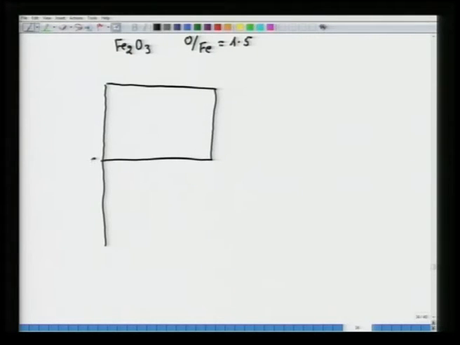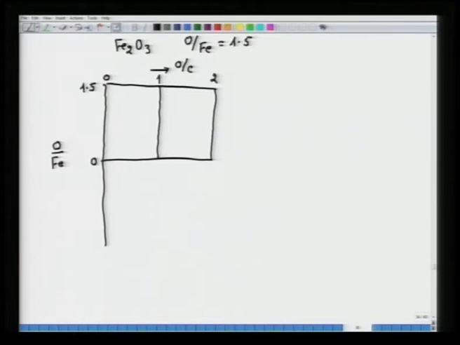Here I am plotting O by Fe, and here I am putting O by C. Naturally, O by C equal to 1 is CO, and CO2 is O by C 2. This is O by Fe for Fe2O3, it is 1.5. So, there is a certain important thing to note.